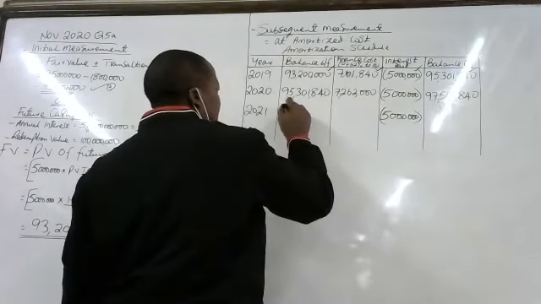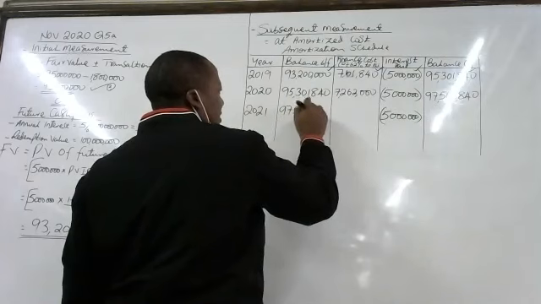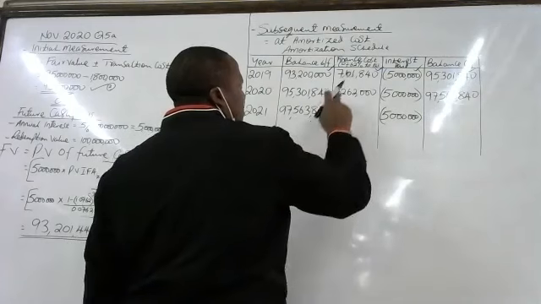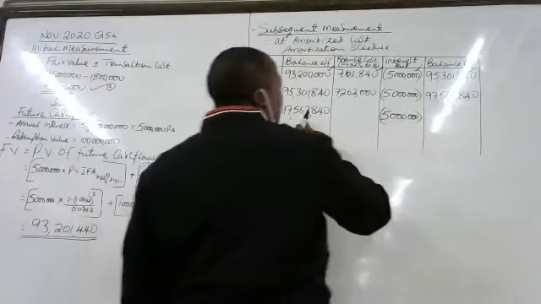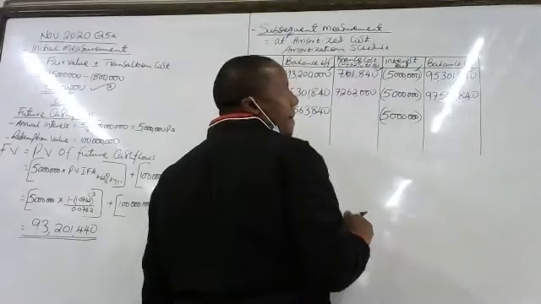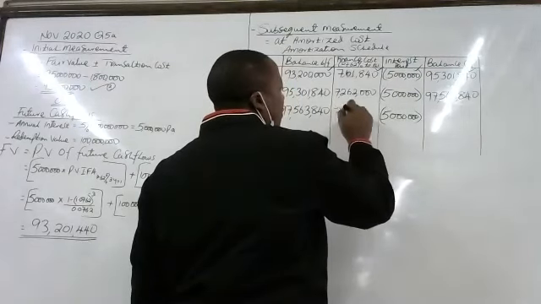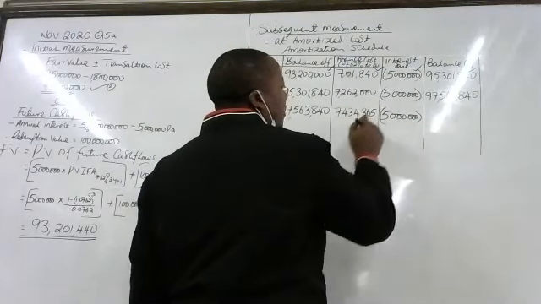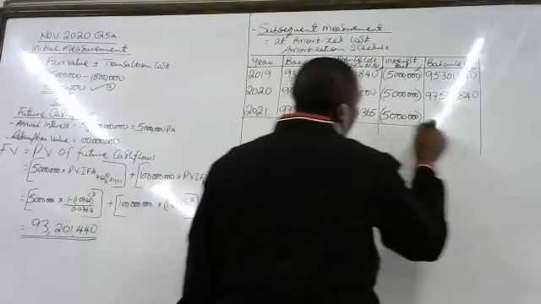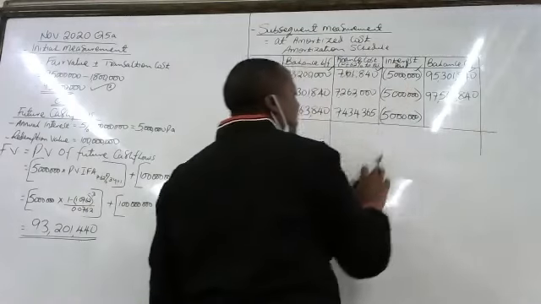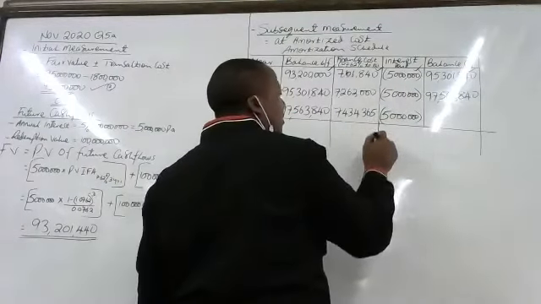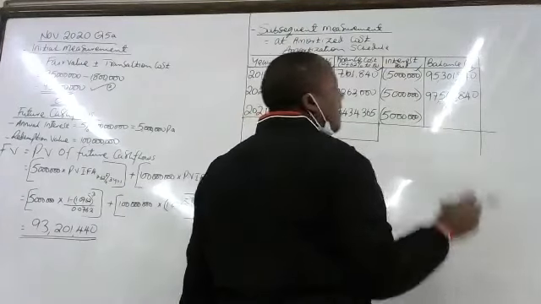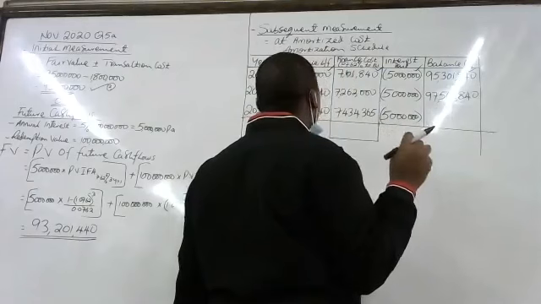Then for 97,563,840, 7.62% of this, you get 7,434,365. So the amortized cost balance at the end of the third year equals about 100 million.